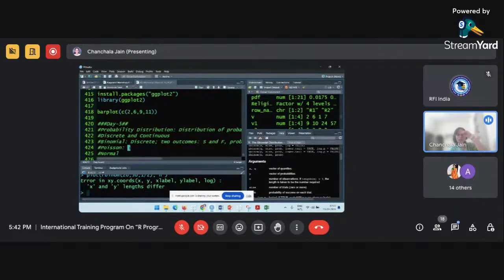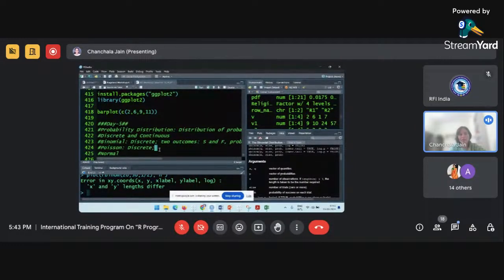Talking about the Poisson distribution, it is again a kind of discrete probability distribution, because the nature of the outcome we use in the Poisson distribution is discrete. For example, how many calls I am receiving on my mobile phone in the last 1 hour. That would be the number of calls received by me in a particular period, right?